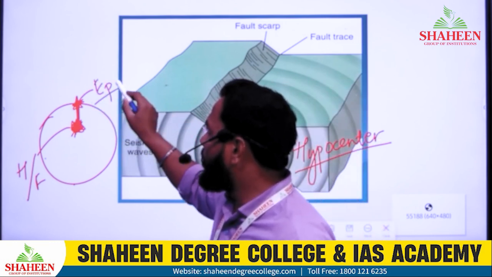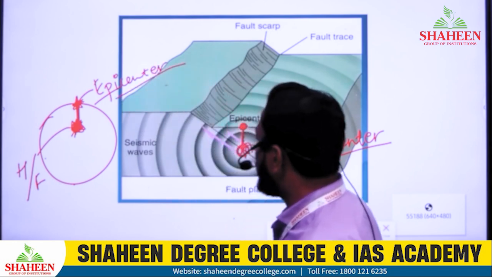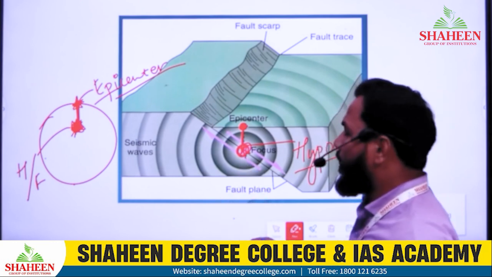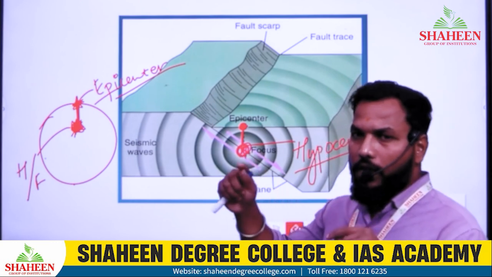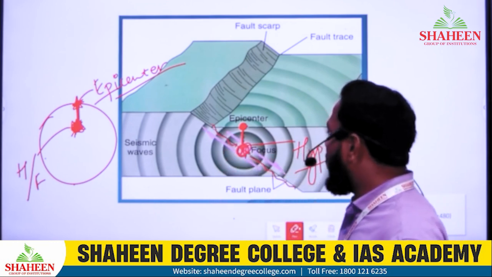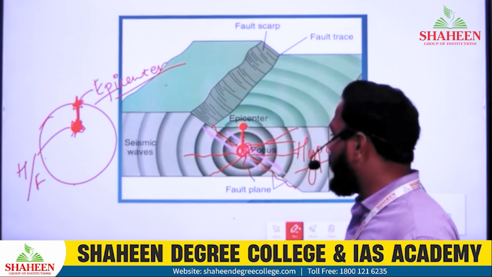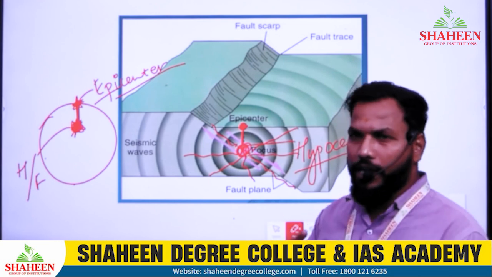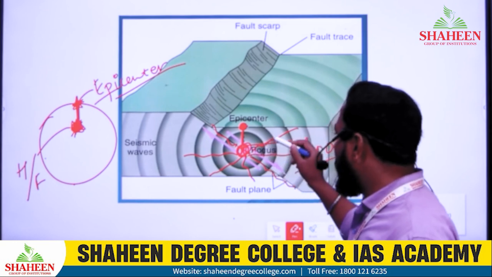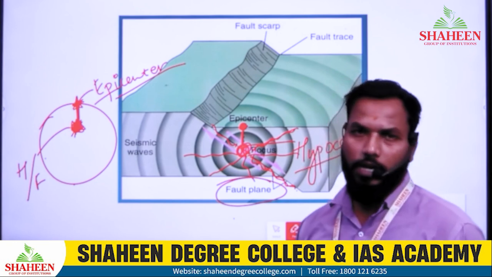I showed it through the picture in my previous class also, but once again I just want to clarify the things in a very clear manner. Then the fissures and faults: this is a fault, this is a fault, and like this so many faults can take place. The vibrations, the openings, the slight tears of the land or the earth, those openings are called the fault plane or fault line.